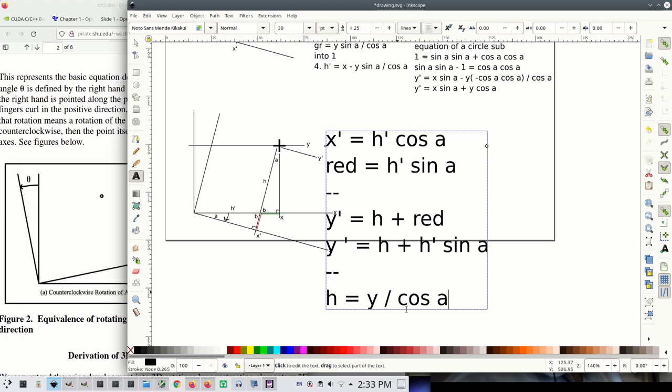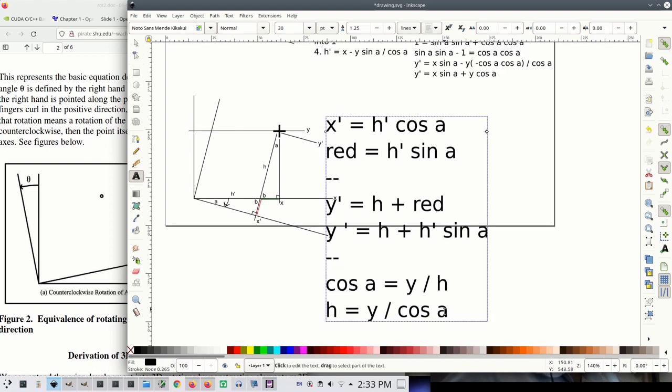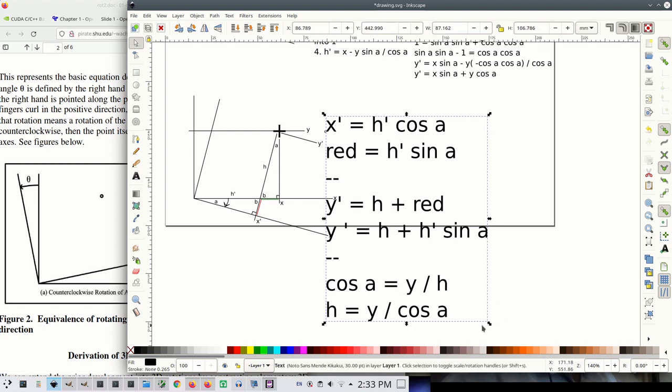Cos A equals adjacent, which is y, over hypotenuse. And then moving the hypotenuse to this side, rearranging, we get h equals y over cos A. Okay, next.